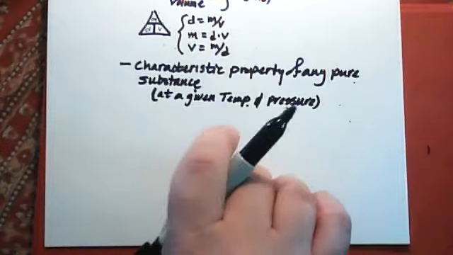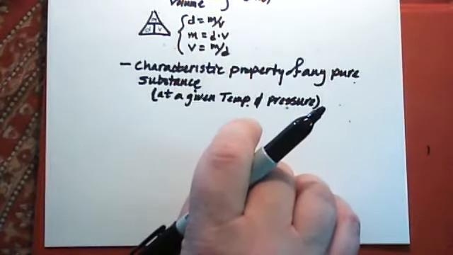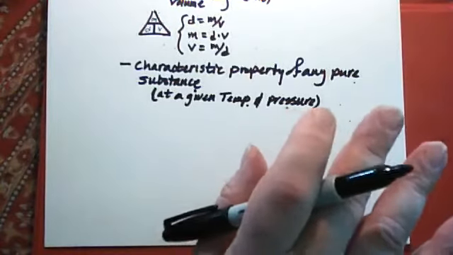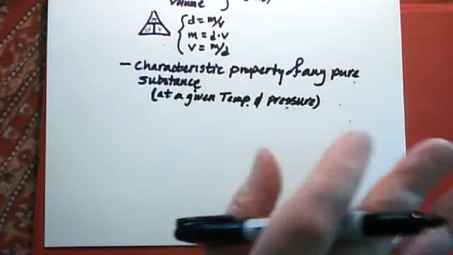But as long as you're measuring at the same or near enough temperature and pressure, you can basically look up the density for any pure substance in a reference book. You don't even actually have to find it yourself.